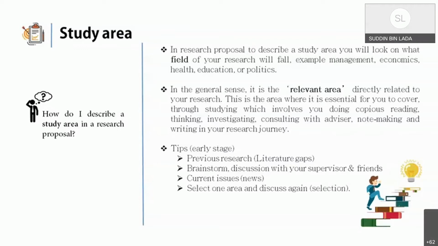Sorry. Number 1, previous research. Again, number 1 is read, number 2 is read, number 3 is also read. So, these 3 times of reading and reading and reading, to identify your literature gaps, to identify your research motivation, and the more in motivation.